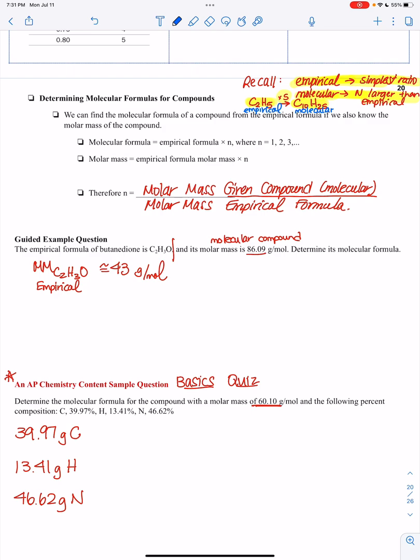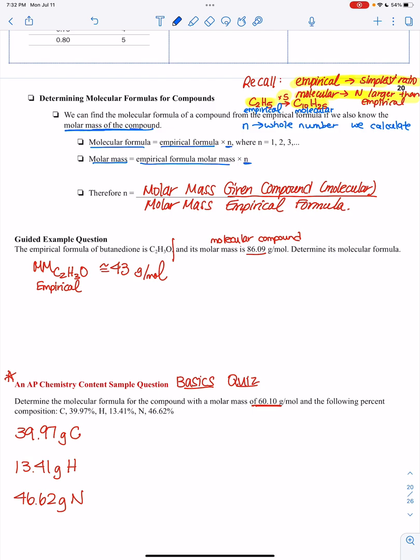We can find the molecular formula of a compound from the empirical formula if we also know the molar mass of the compound. So keep in mind, the molecular formula is an empirical formula times some whole number. N is a whole number that we calculate. The molar mass is the empirical formula molar mass times this whole number.